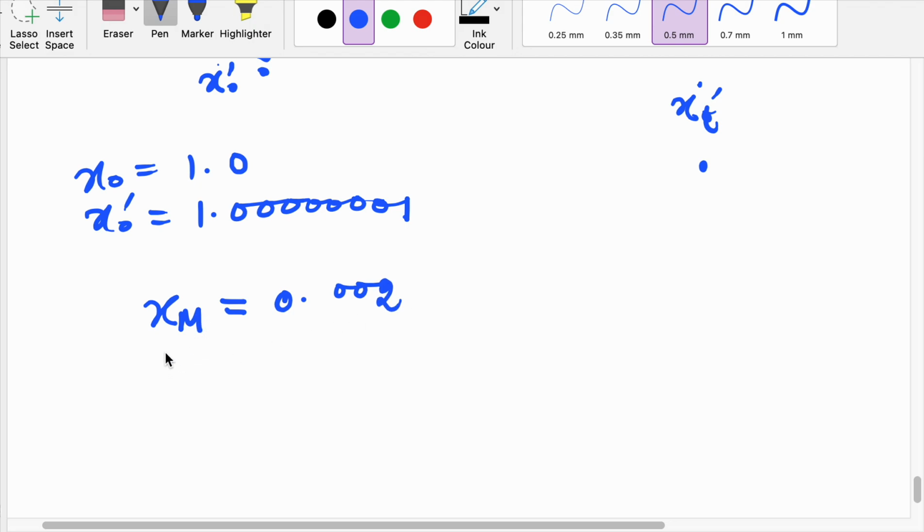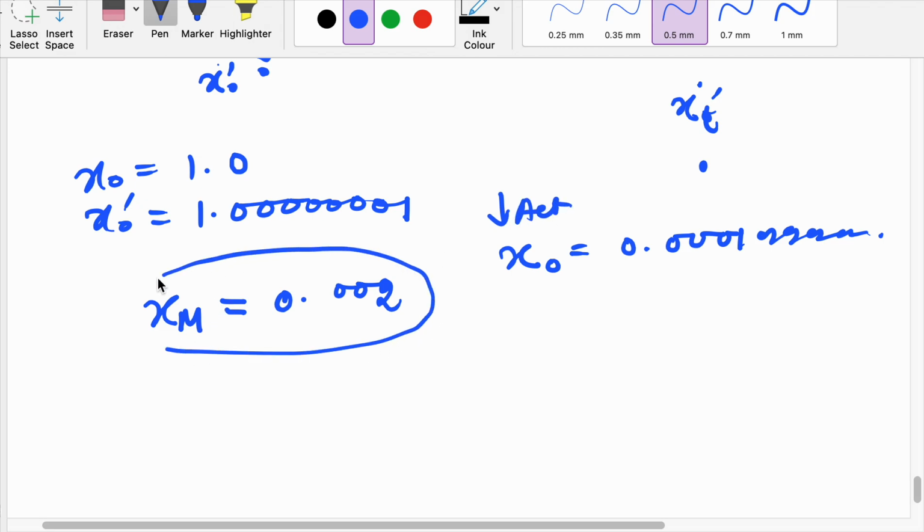Now it is your measurement, but the actual population is very near about this, suppose 0.019999. This is the actual population and this is what your measuring instrument gives you.